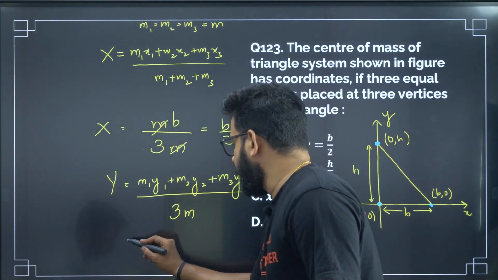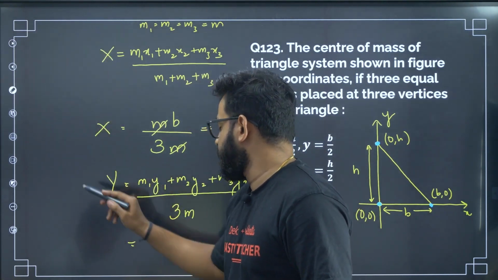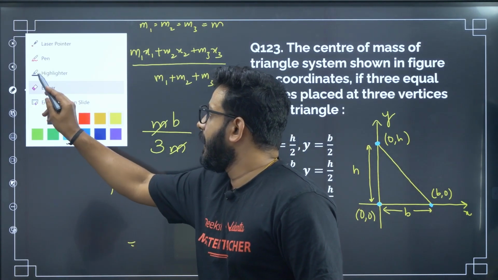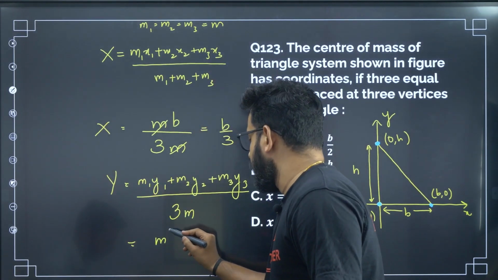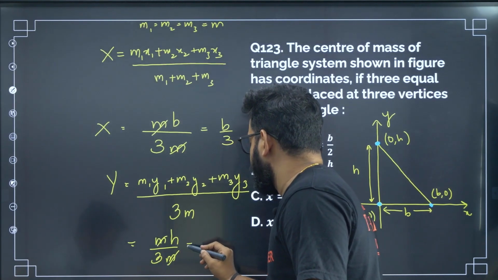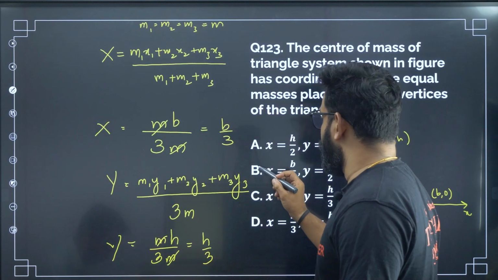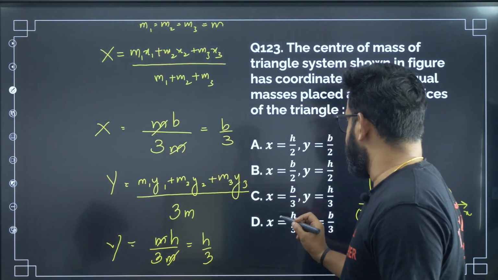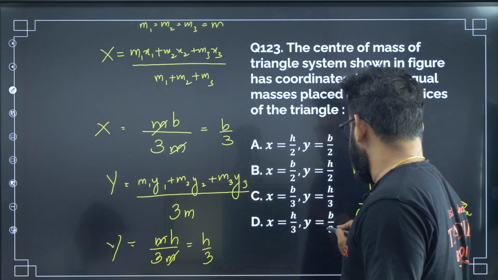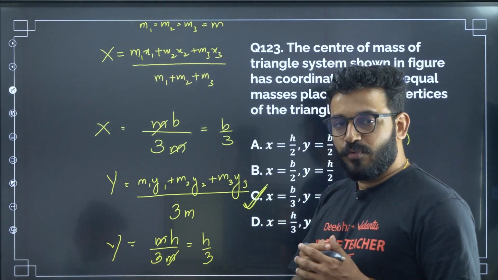So we have m times h divided by 3m, the m's cancel, giving h by 3. So the y component is h by 3. The x component is b by 3, the y component is h by 3. So the correct answer is option C, the most matching answer.